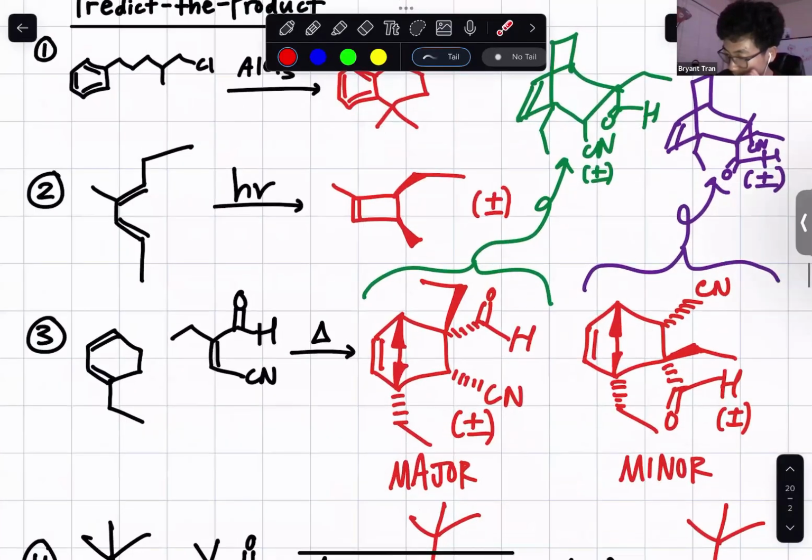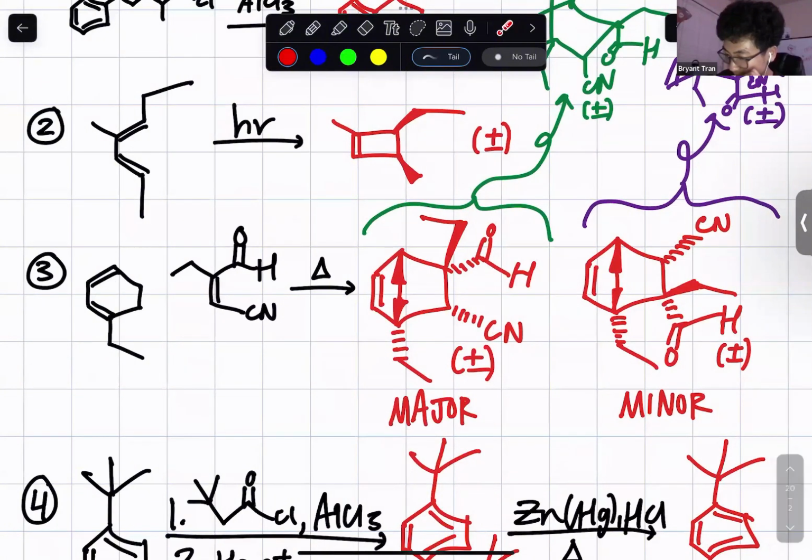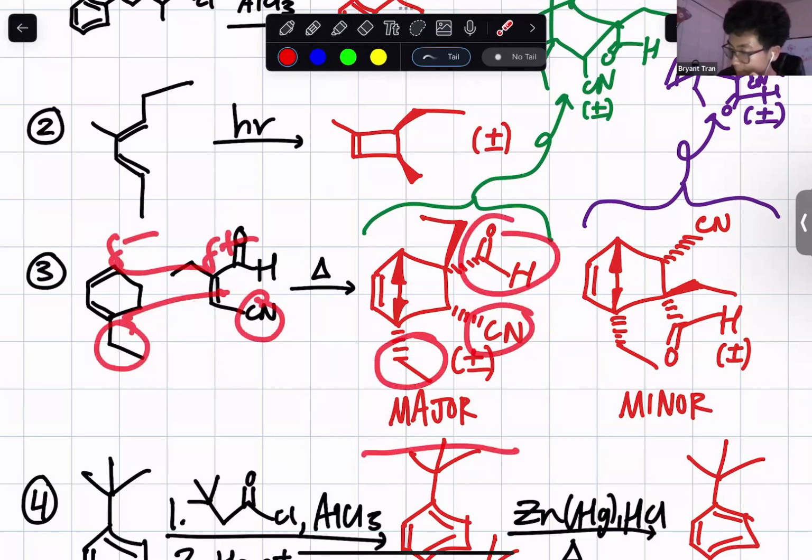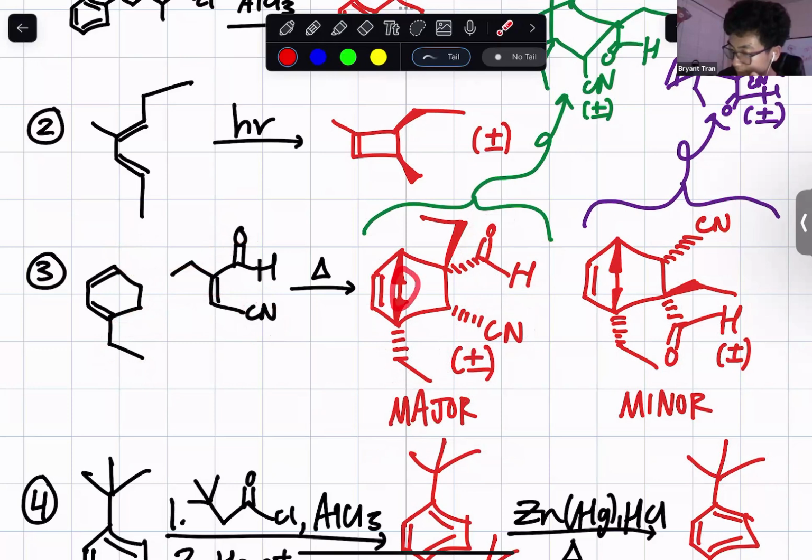Yeah, so question 3 here. This is major because CN is a stronger EWG, positive charge there. EDG, negative charge there. When we do the endo rule, this is going to be cis to the EWGs, and the in group is going to be wedge, trans to the EWG, and this ethyl group here is trans to the CN, so that's why it's trans to the CN right there. Right, and this is major because the CN here is a stronger EWG.